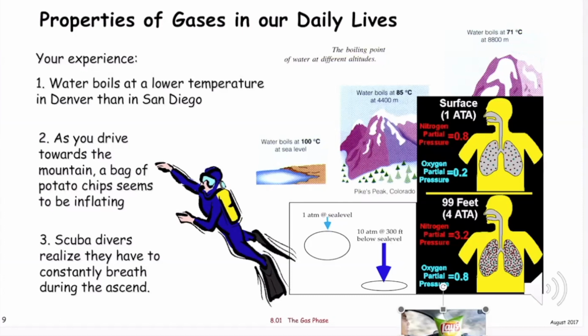And the reason why is because if you're like 100 feet down, or even 200 feet down, and you hold your breath, your lungs have a capacity to hold a certain amount of air that you're breathing through your tank.